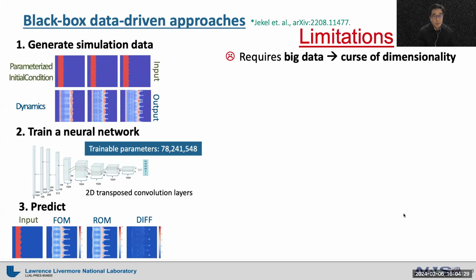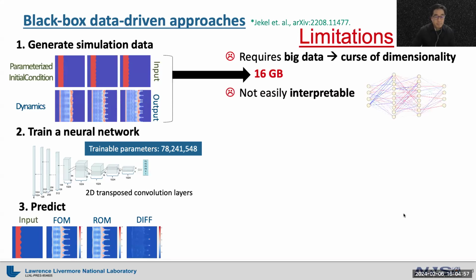But unfortunately, it comes with limitations, as you are all probably familiar with, because it relies on only data. It requires big data, which of course brings us the issue of the curse of dimensionality. For this particular problem it is not bad, but even with two-dimensional data, we had to deal with 16 gigabytes, which increases the training cost tremendously, because to train the neural network, you have to solve a nonlinear optimization problem.